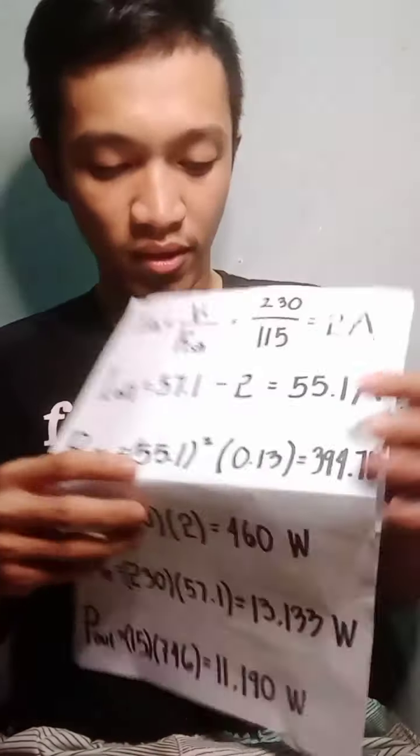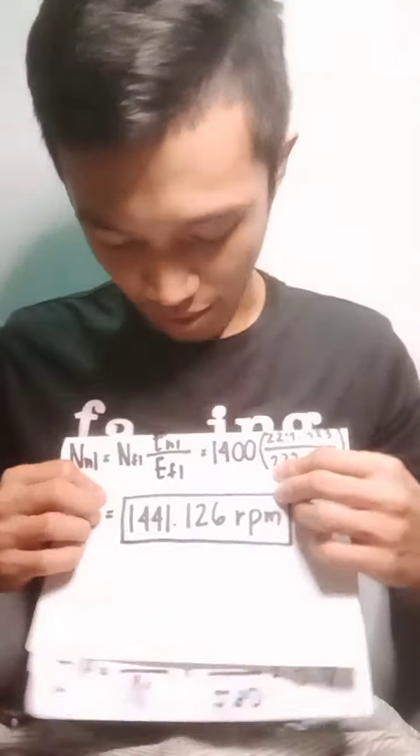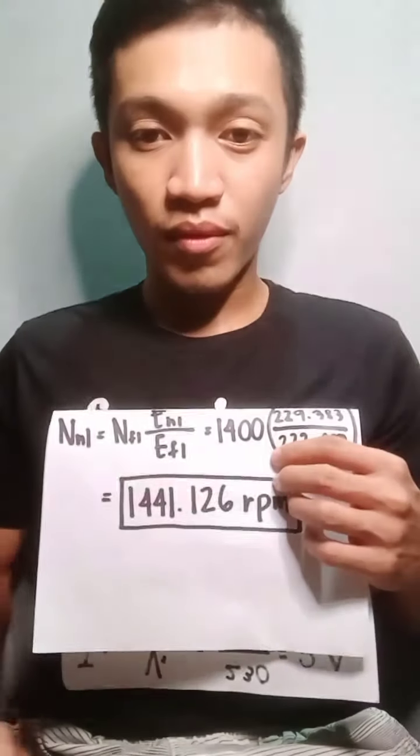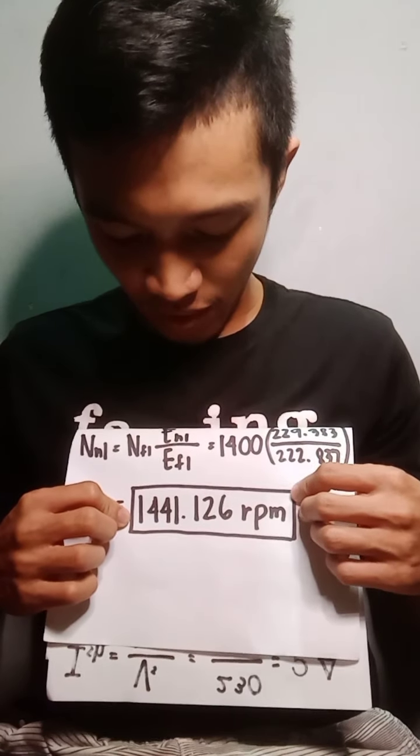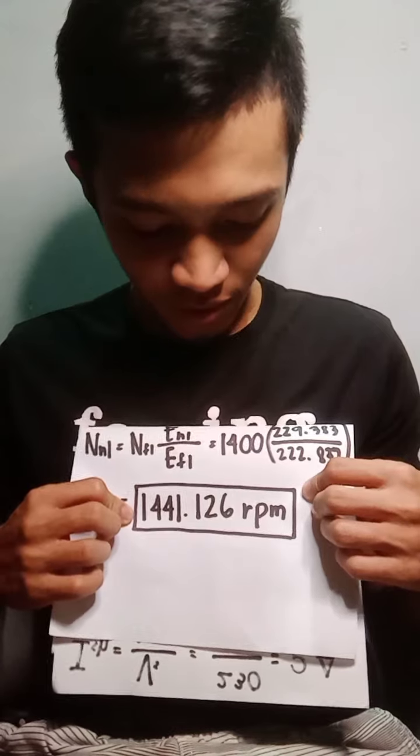We should be able to get 222.837 volts. Now we do the math, then the speed at no load should be 1441.126 RPM.